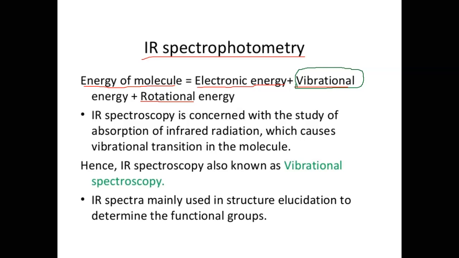They give certain frequencies for it. And so this is one of the ways we would confirm that we have acetylsalicylic acid, by using IR spectroscopy. And it uses the vibrational energy of a molecule.